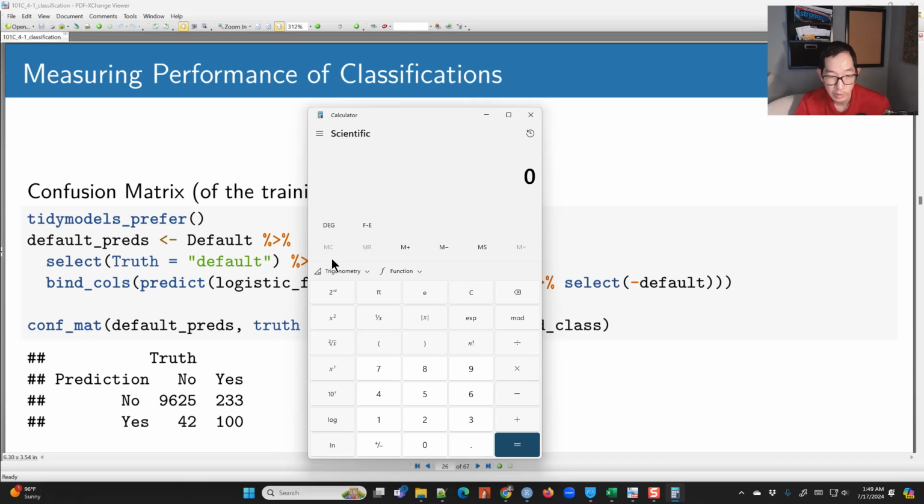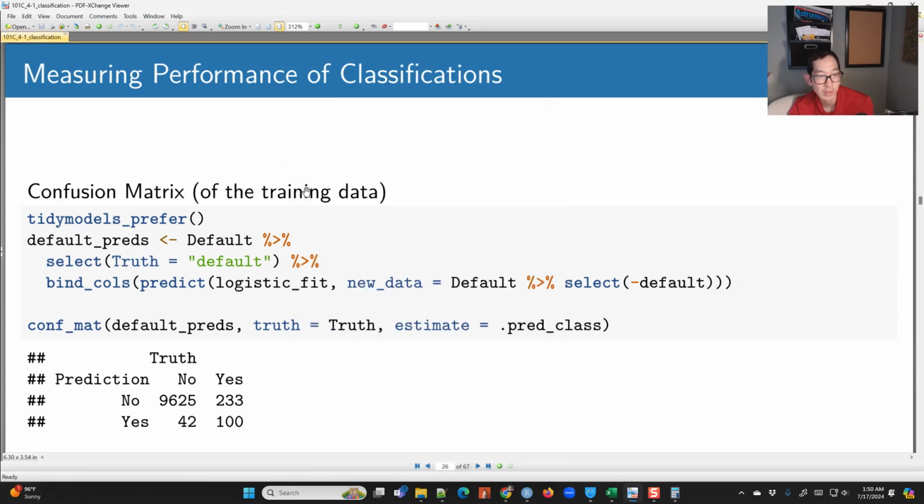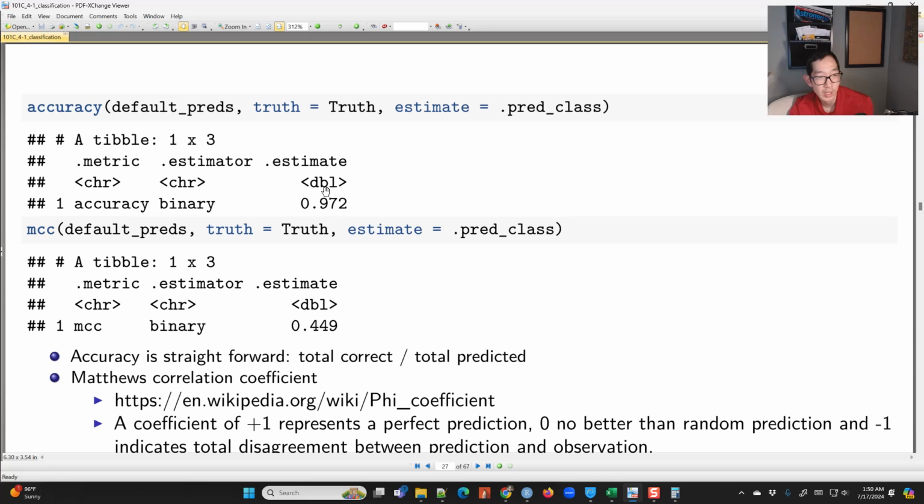We were correct for the 9,625 times where we predicted no and the truth was no, and we were correct for the 100 times where the truth was yes and we predicted yes. So we were correct 9,725 times divided by 10,000 observations total. And so our accuracy, or binary accuracy, is 0.9725, which is what we have here.